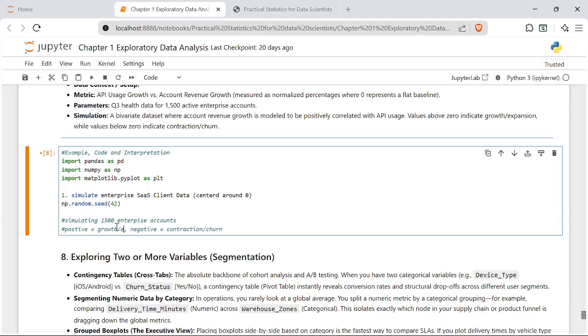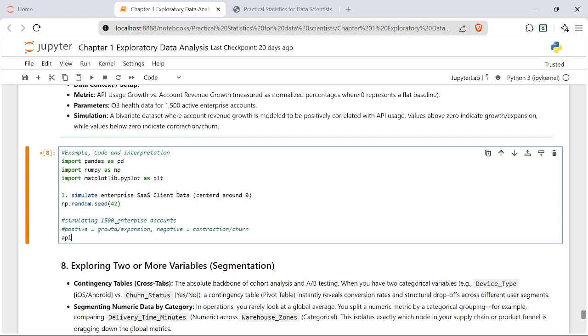Growth or expansion. API usage change equals np.random.normal(0, 0.5, 1500).